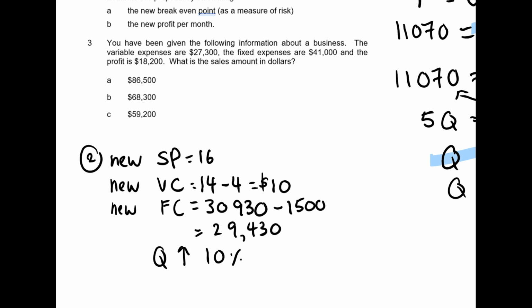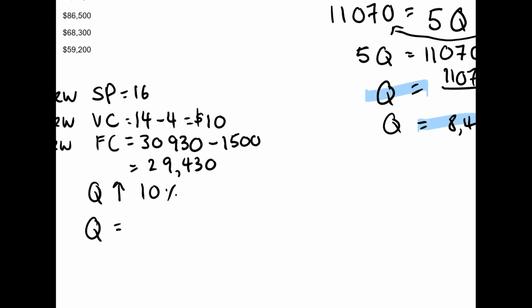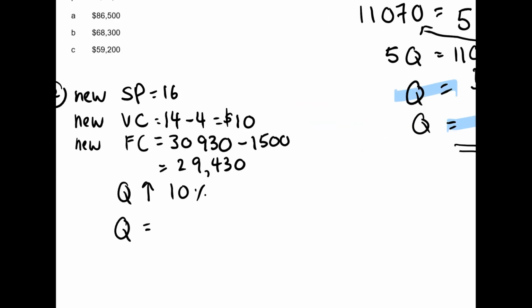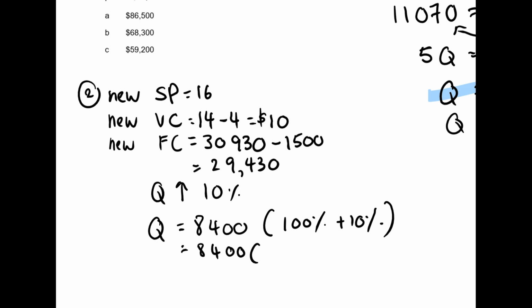Your new quantity equals, in the previous question we calculated the quantity, which is 8,400, right? So you take 8,400 times 100% plus 10%, which equals 8,400 times 1.1.